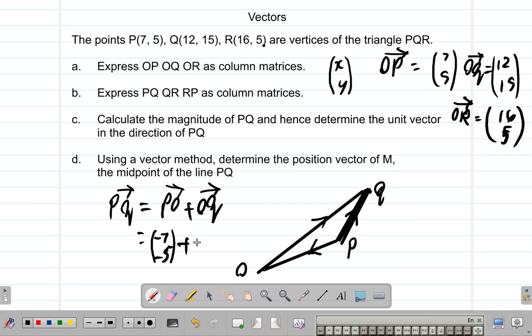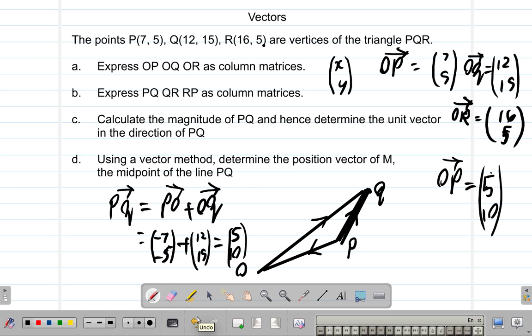OQ is 12, 15. So what you have, -7 plus 12: 7, 8, 9, 10, 11, 12. So that's going to be 5, and -5 plus 15 is 10. So OP would be 5, 10.